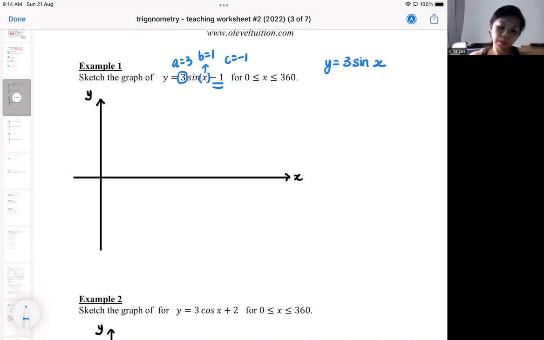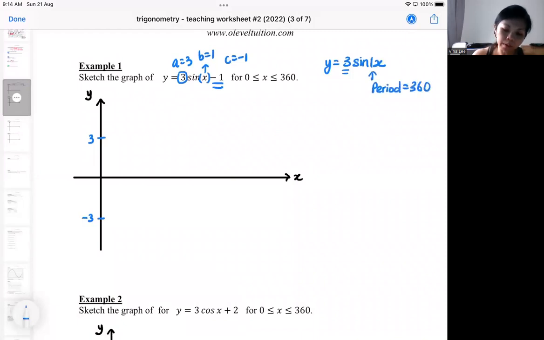Okay, so in this case, you can explore with the idea of the amplitude, so this will be the highest, okay, this will be the lowest. The amplitude is actually the second step. So the first step should be you explore the period.